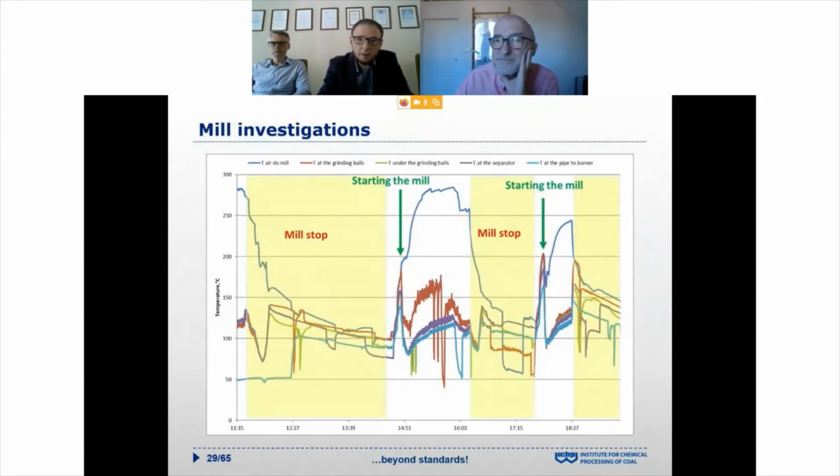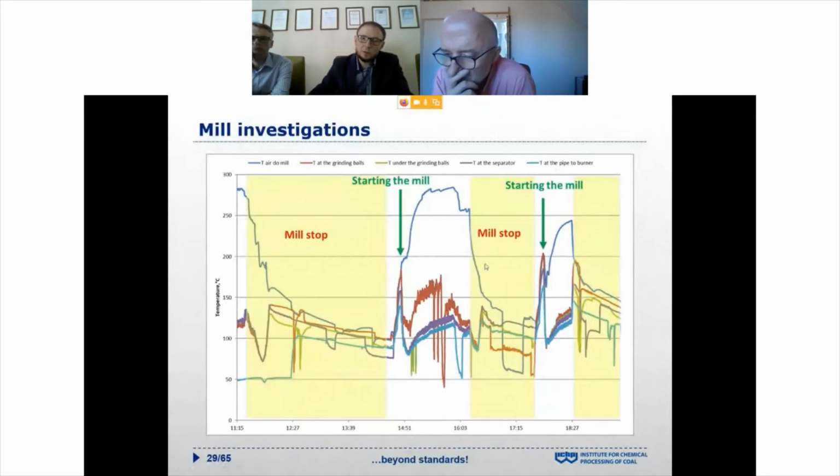If we compare it with the measured temperature of the mill at specific points, that means the air introduced to the mill, the temperature at the grinding balls, the temperature under the grinding balls, at the separator, and the pipe to the burner, so this is in fact the outlet of the mill.